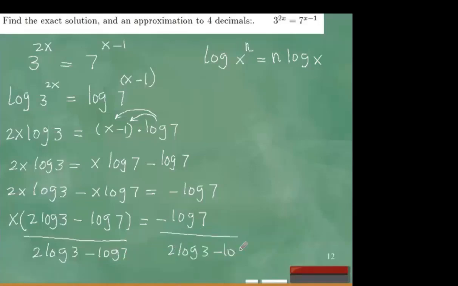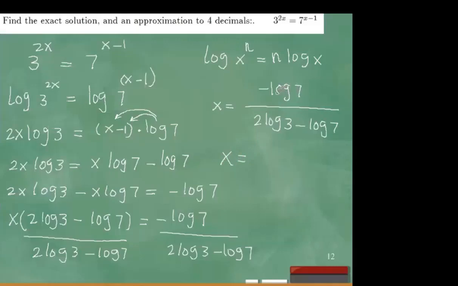So I can write my final answer, x is equal to minus log of 7 over 2 log of 3 minus log of 7. This is the exact solution for x. Now, in order to find the approximate solution, I need to use my calculator.